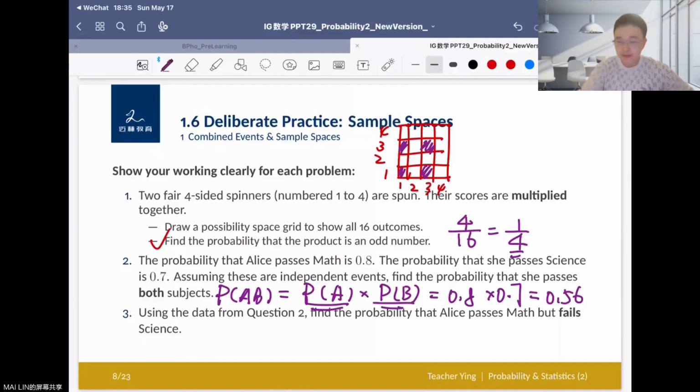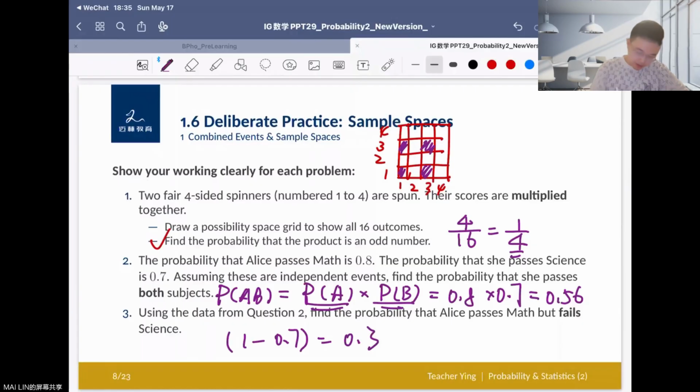And for the last problem here, using the data from question 2, find the probability that Alice passes math but fails science, right? So here, the probability for her to fail science is 1 minus 0.7, right? Using the total probability minus the probability that it will happen, that means not passing, or failing, science. So here it is 0.3, okay?